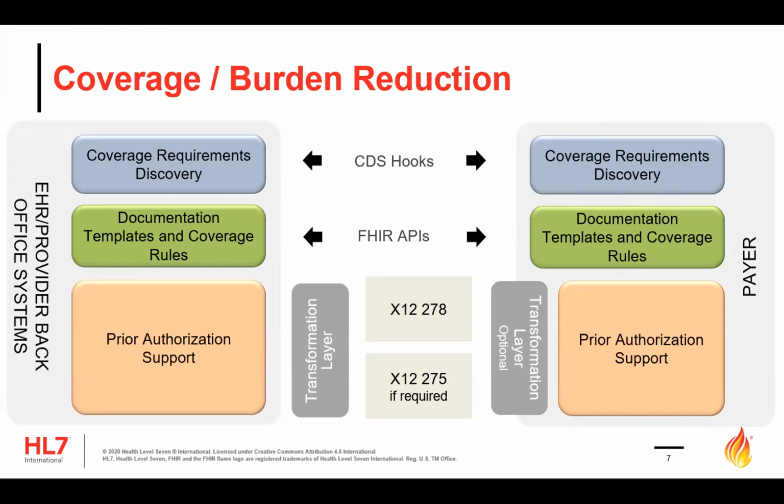Following that, we have DTR, which lets us convey in easily computable form what it is that a clinician needs to do to meet coverage requirements. So what forms do they need to fill out? What information do they need to have in their EHR?